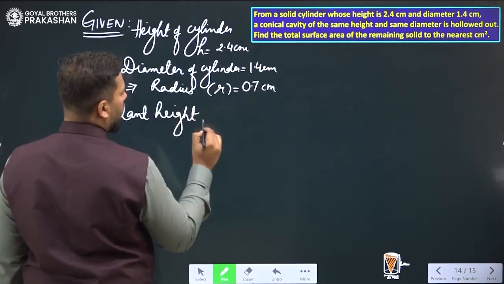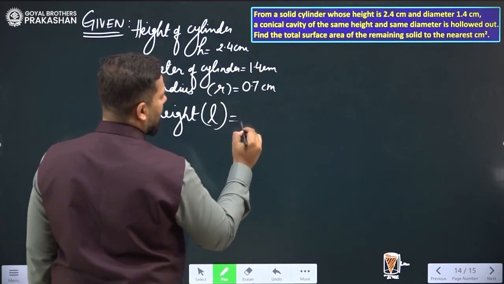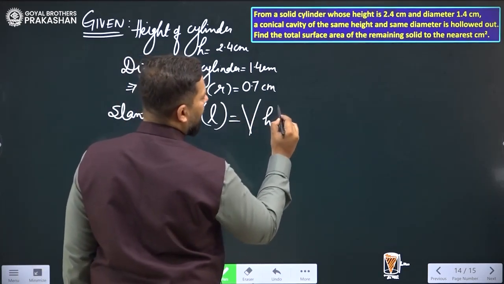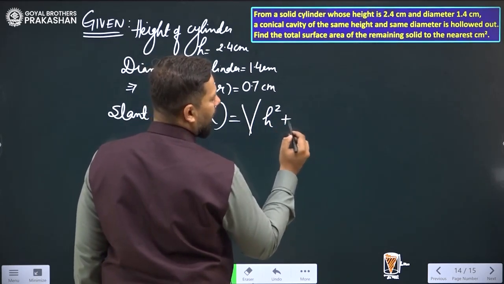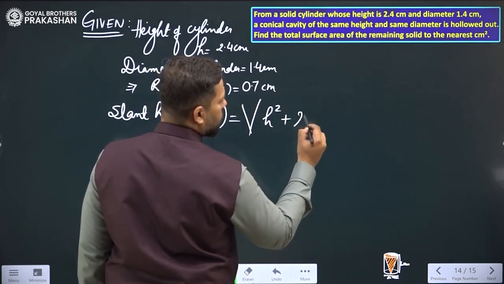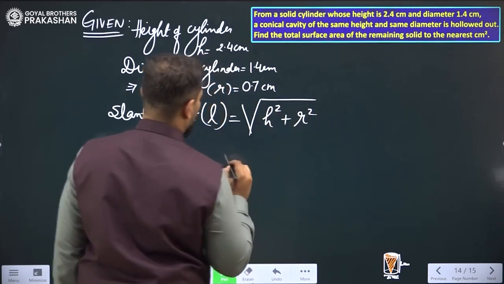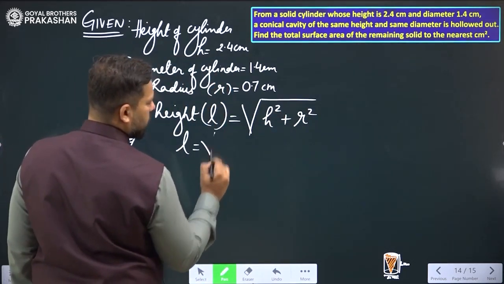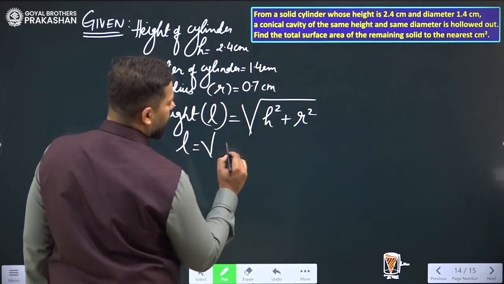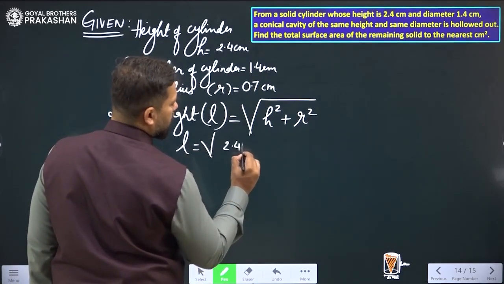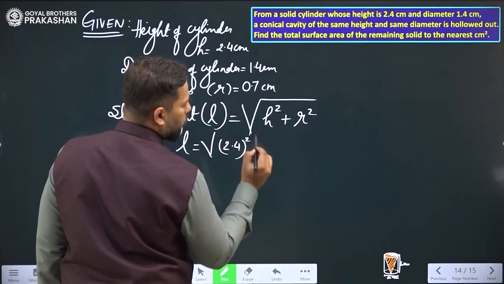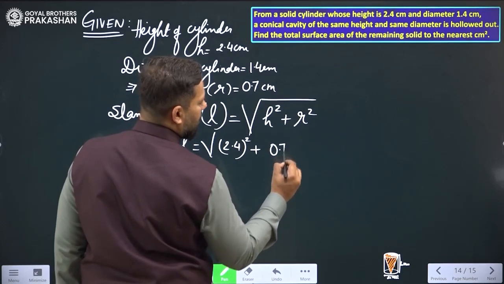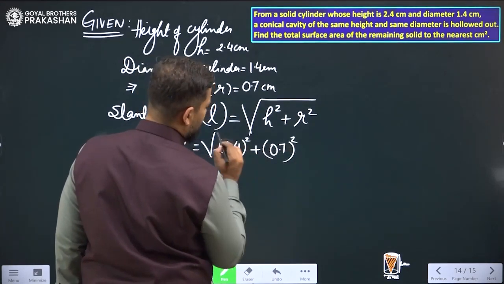As we know, slant height L is the square root of the addition of the square of the height of the cone with the square of the radius of the cone. So when we substitute the values, the h over here is 2.4 centimeter, so it is going to be 2.4 square, and the radius here is 0.7, so it is going to be 0.7 square.